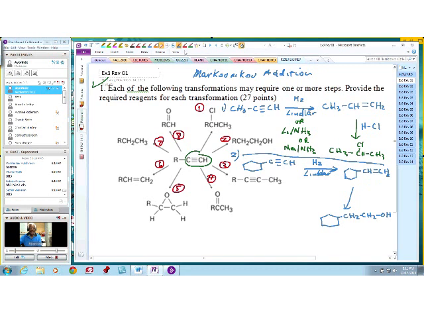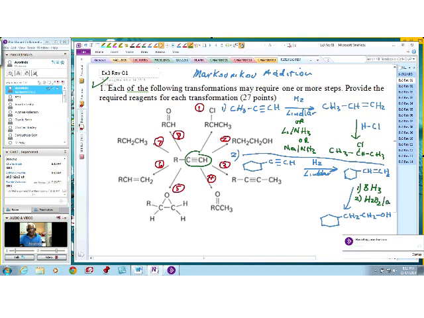Excellent. Now, folks, when you do that, that is good. When you use this here, make sure you indicate the sequence. In other words, you add the borane first, BH3, followed by, then you say step 2, hydrogen peroxide in hydroxide.